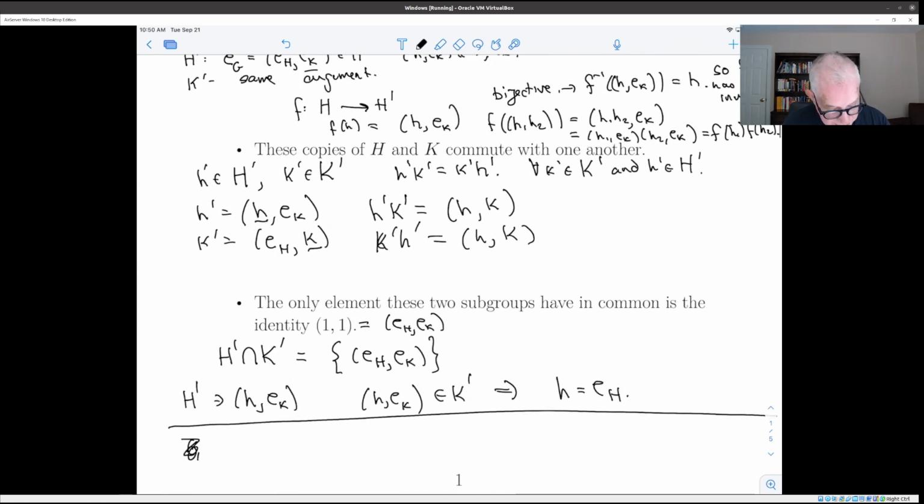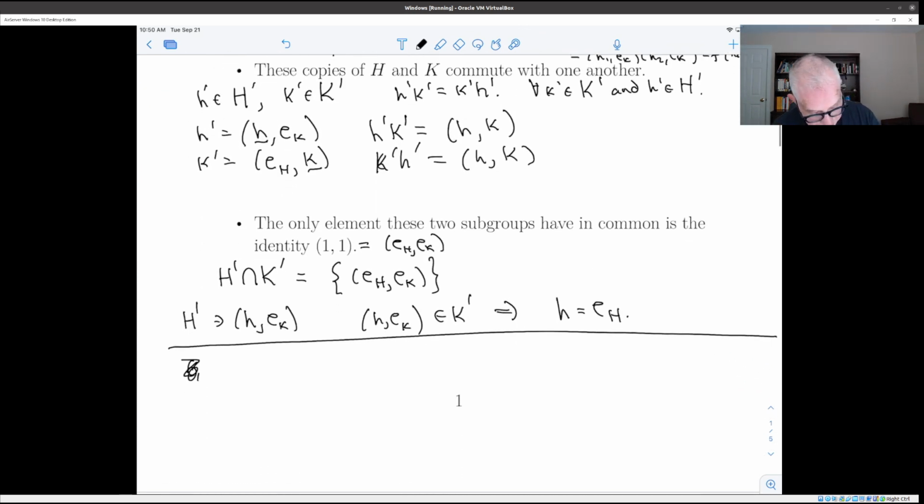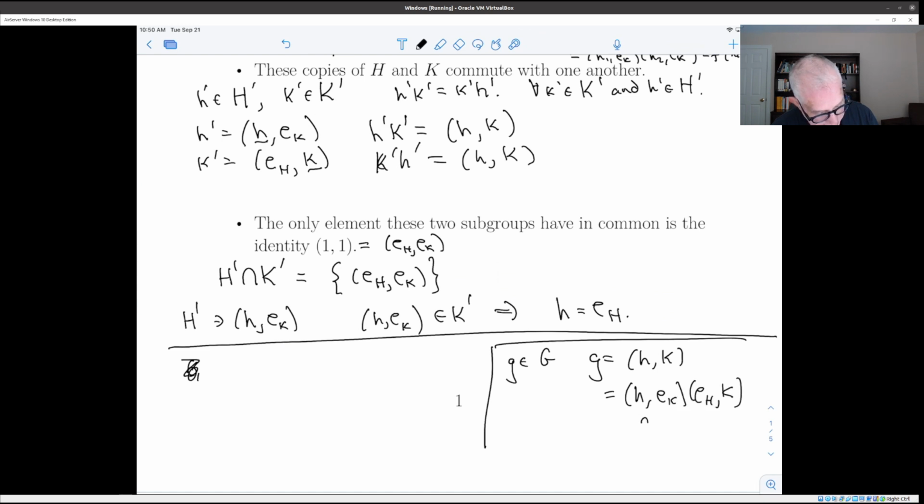Notice that I'm just going to put a little insert here. If you look at G in G, G is equal to HK, which is automatically equal to (H, E_K) times (E_H, K). This is in H prime, and this is in K prime. So every element of G is a product of an element in H prime and an element of K prime.